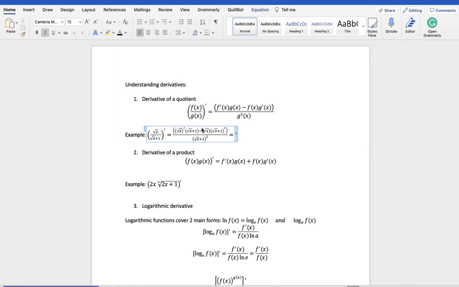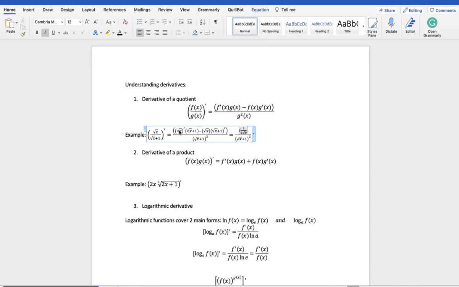Now in the numerator, let me just write it first as this. I'll just rewrite the numerator, and the denominator as is, because it will come back as it is. So in the numerator, we'll just have the derivative of the square root of x, which is just 1 over 2 root x.